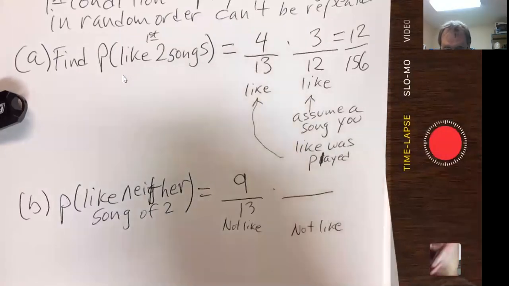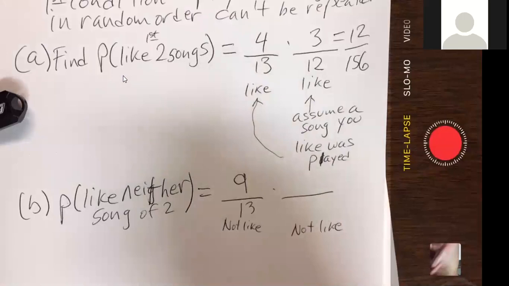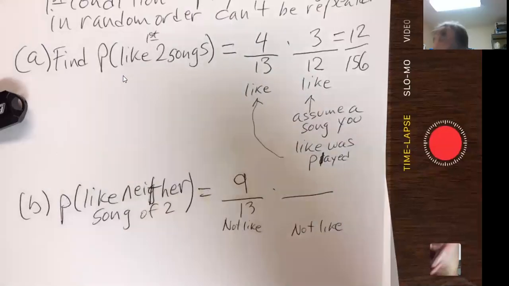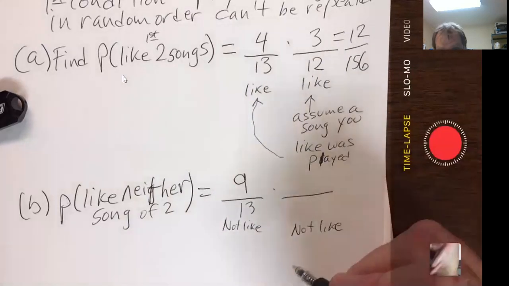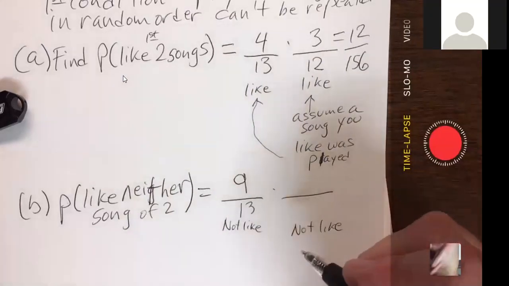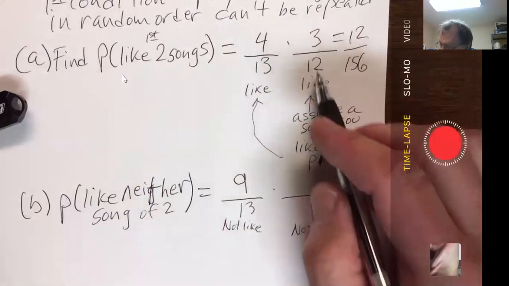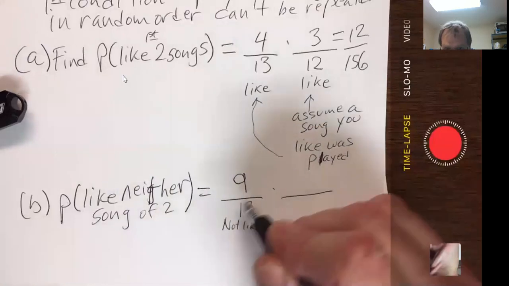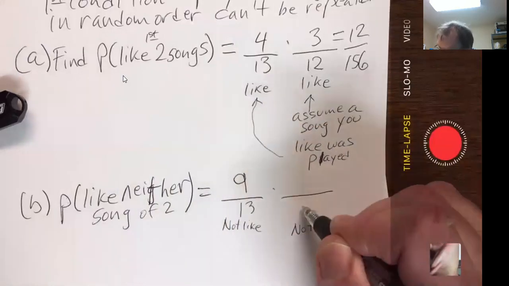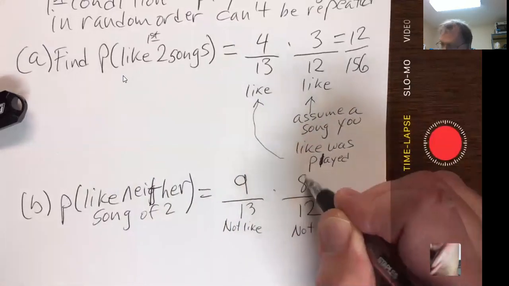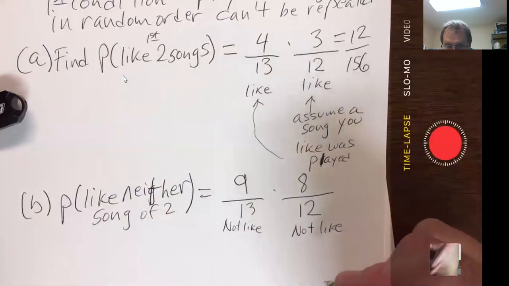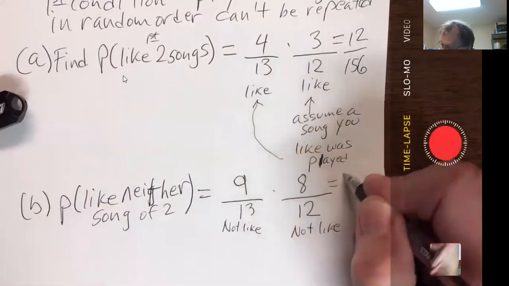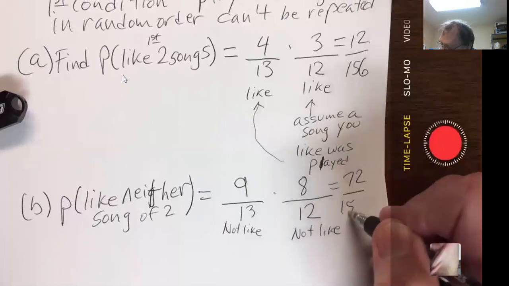Do you see that? Yes, Professor. Okay, he sees it. Did everybody else see it? Yes. Okay. So then same logic on this second pull. You assume a song you didn't like was played here, leaving 12 songs and 8 you don't like. 72 out of 156.